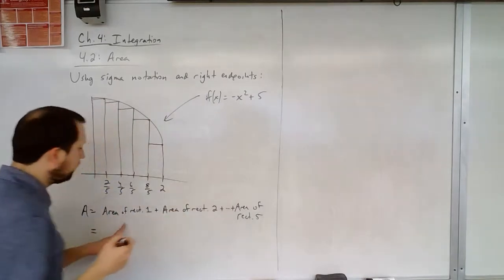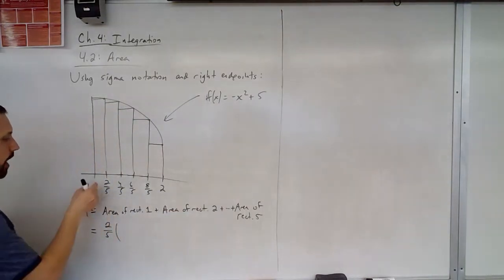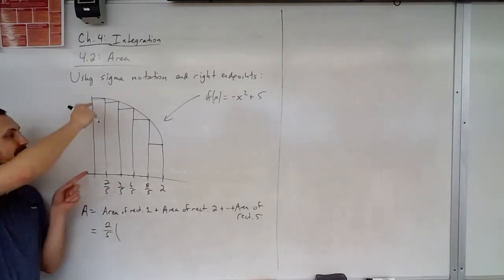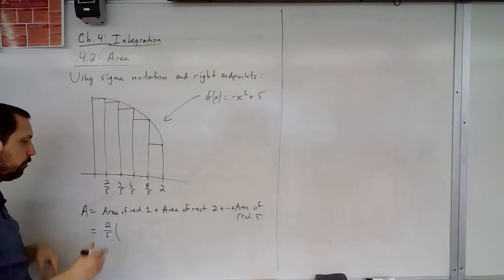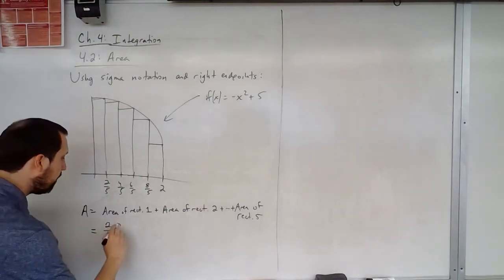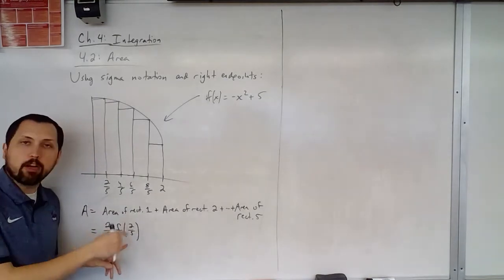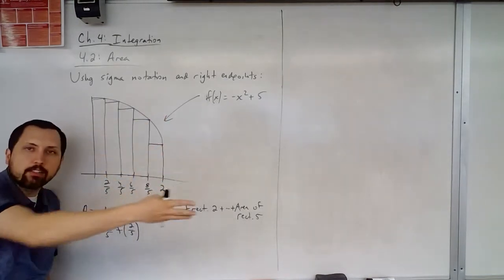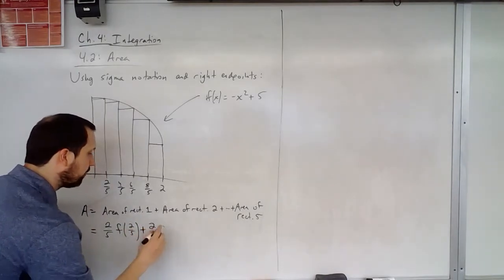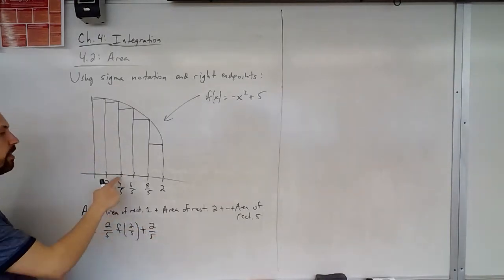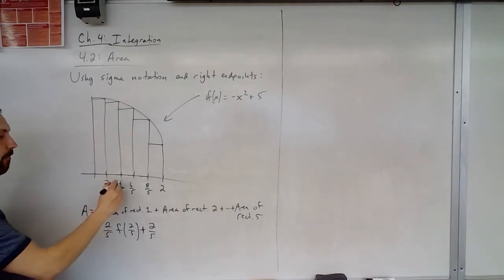So for each of these, I'm going to multiply this by 2/5. I know that is the width that I have. Now my height is based off of this function, and I'm evaluating the function at 2/5. So I'm going to multiply this by f of 2/5. So we plugged in 2/5 into that, and we got some number. I'm going to leave it like this. I'm going to add on, for the second rectangle, 2/5, and then this height is determined by the function at 4/5.